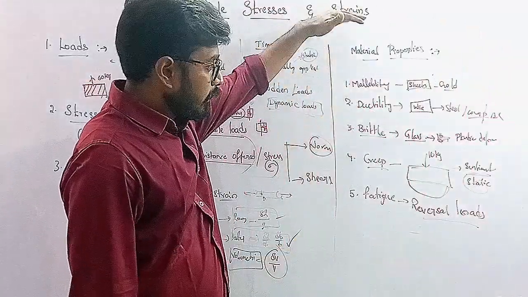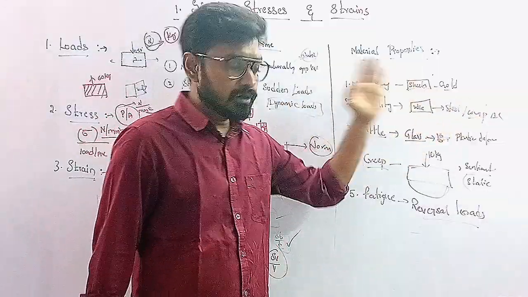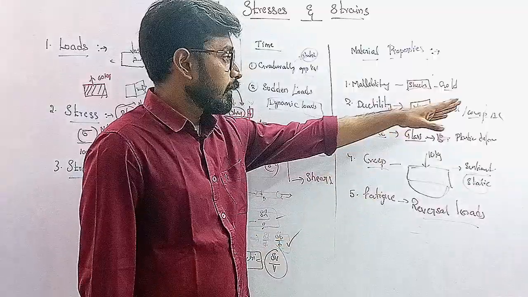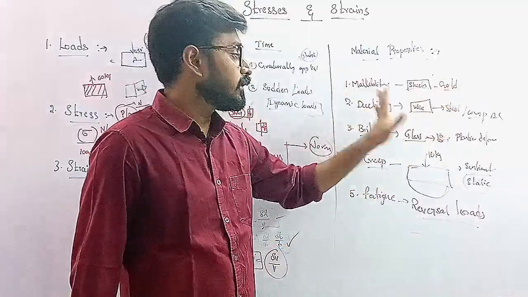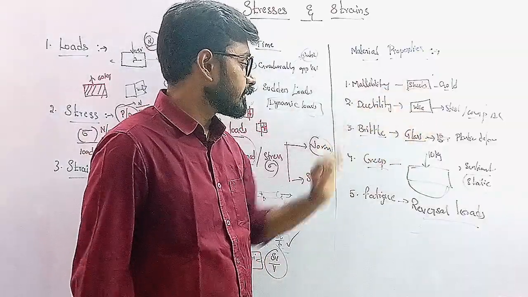Okay, as we go into the material properties: malleability is the ability of a material to turn into sheets, for example gold. Ductility: if you can turn a material into a wire, it is called a ductile material.